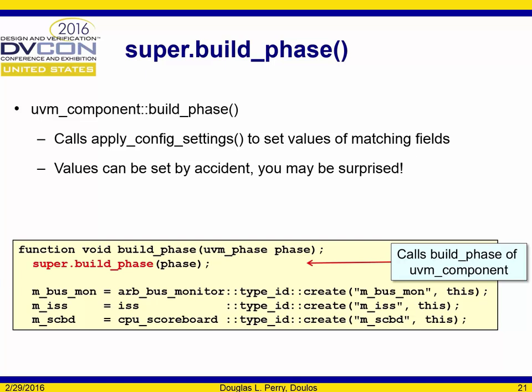So if you call super.build_phase in your build phase, all of a sudden some of these items that may be set in the config DB show up and change some of your initial values. And that can be surprising and kind of difficult to understand what happened.